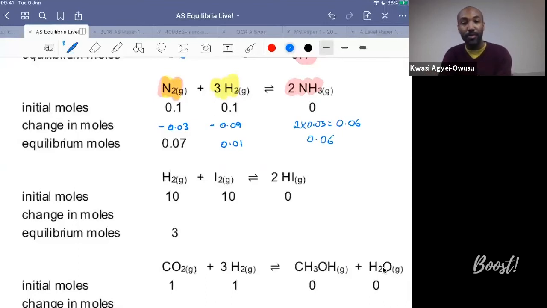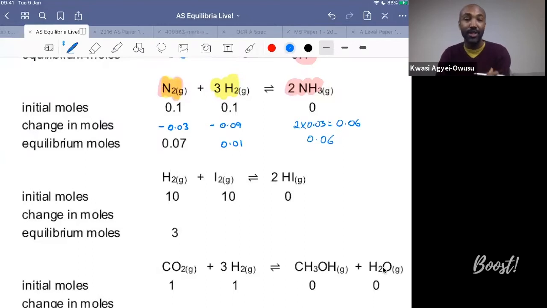So 0.03 moles of nitrogen reacts to leave you with 0.07 of nitrogen left, and that 0.03 moles of nitrogen will react with 3 times that amount, so 0.09 moles of hydrogen, leaving you with 0.01 moles of hydrogen left. Each mole of nitrogen forms 2 moles of ammonia, so 0.03 should form 0.06 moles of ammonia.